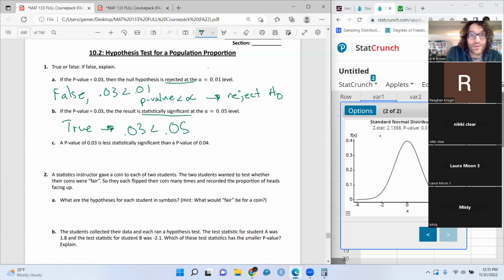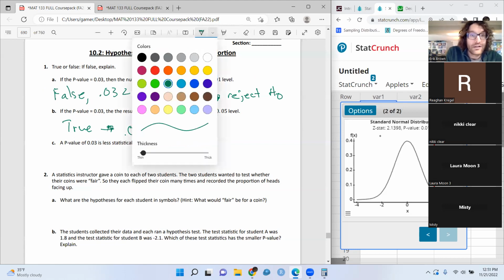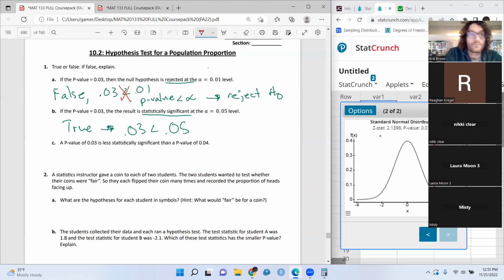Nailed it. 0.03 is not less than 0.01. So we should not reject. We should fail to reject or do not reject H0 at that level. Good. So notice what question 1 is getting you to put together is these 3 statements. By the way, H0, remember, in words is null hypothesis. I guess I could just box this in and say, hey, look, this is H0. So that's the other challenge of the final exam, is making sure you know the vocabulary.